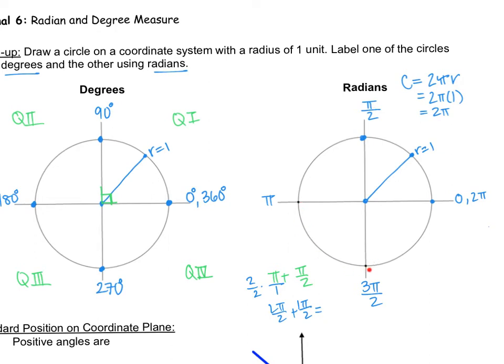Now, if I were to add another half a pi, I would get to 2 pi. Because if I add another 1 pi to 3 pi, that's 4 pi over 2, which is also just a 2 pi. 4 divided by 2 is just 2. That's why this here is a 2 pi. And there we go. That is the complete revolution.